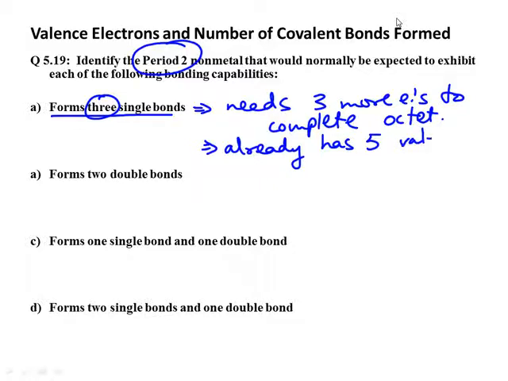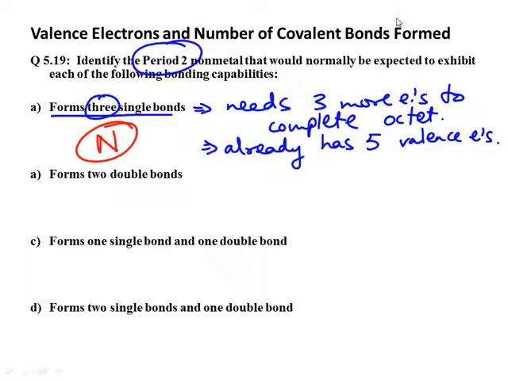If it has 5 valence electrons, that means this element is in group 5A. And if it is in group 5A and period 2, then this atom has to be nitrogen. So let's see if our strategy works for the others as well.